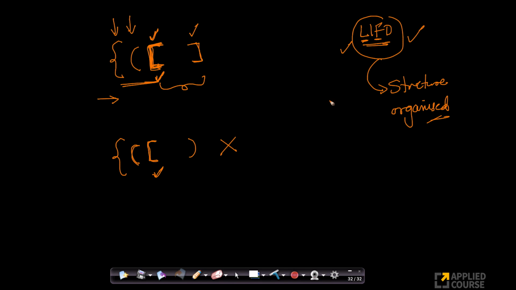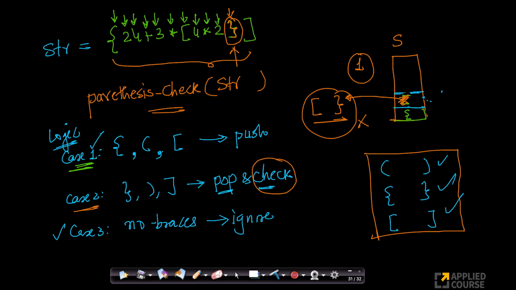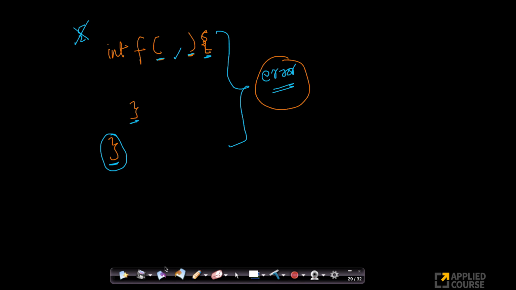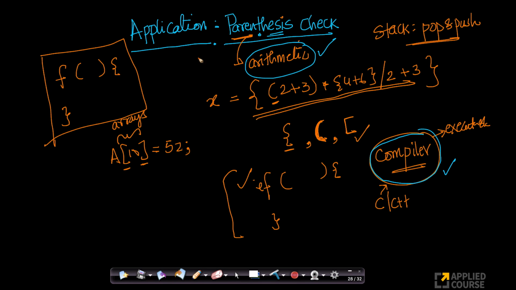Because of this fundamental property of a stack that you always push at the top and pop at the top, it is working out for parenthesis check. And as we told earlier, parenthesis check is not only used for evaluation of arithmetic expressions, it is used extensively by compilers to ensure that your code does not have bugs.